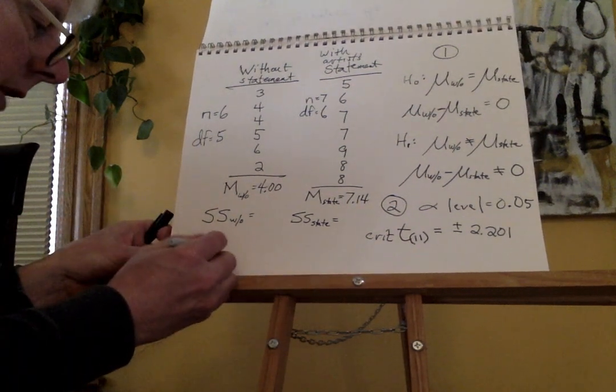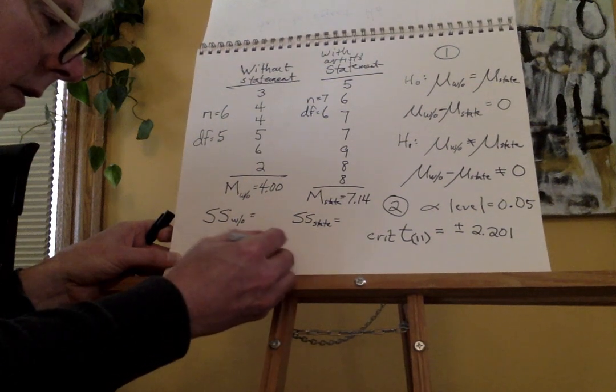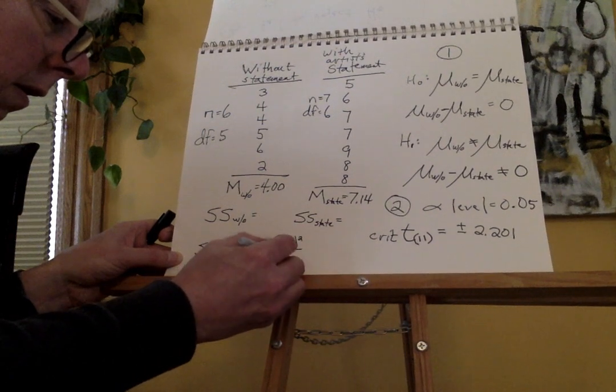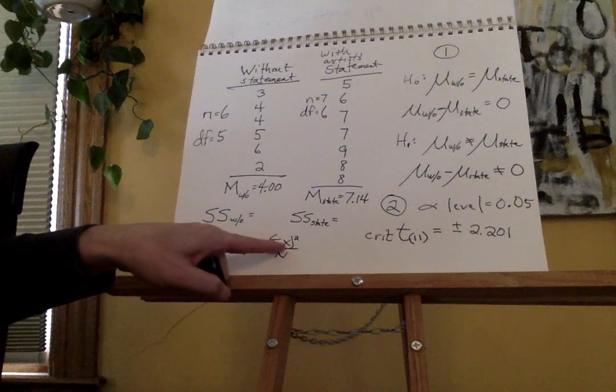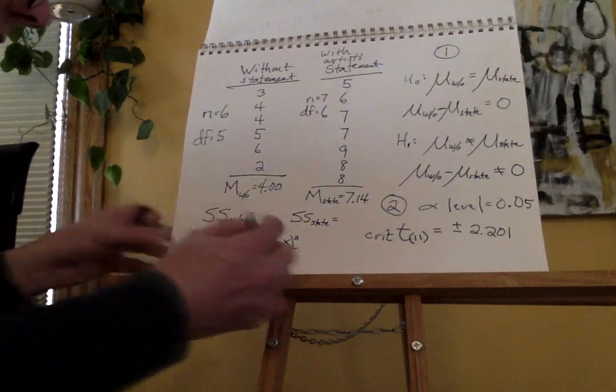Sum of squares equals, I've already calculated that. That's 24 for this group, right? The sum of the x's. So let's do this. 24 squared divided by 6. So that's 96 here, okay.